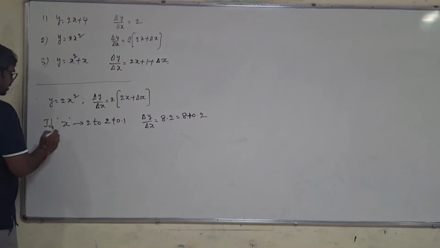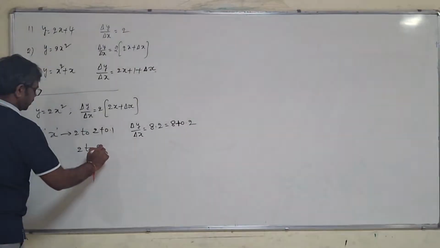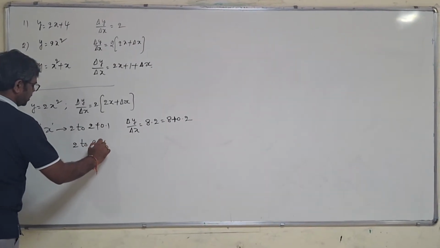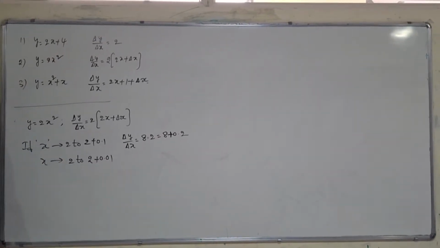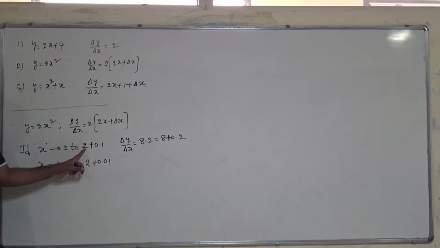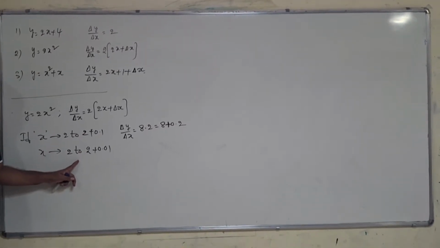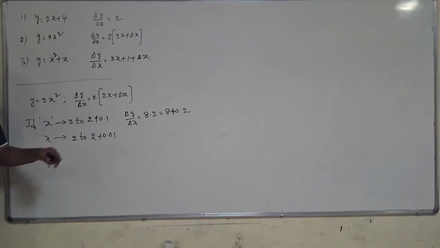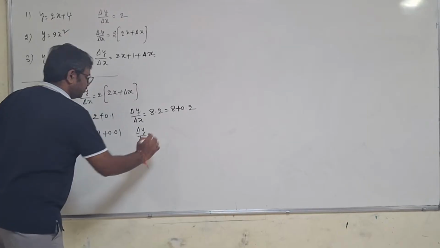So I am making the interval smaller and smaller. Now let's make the interval smaller. If x changes from 2 to 2.001, what will you get delta y by delta x equal to?